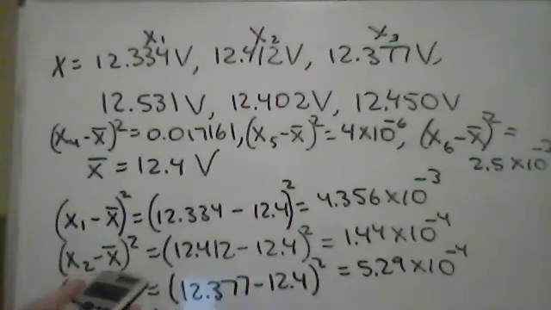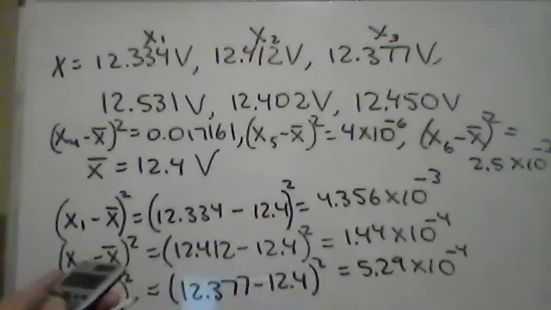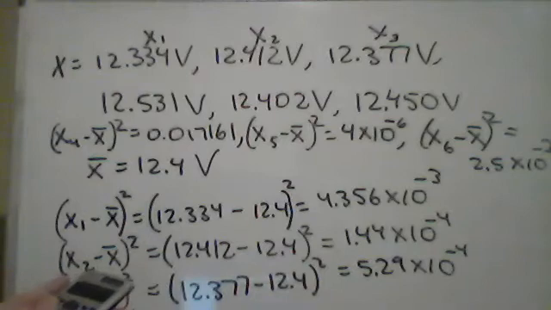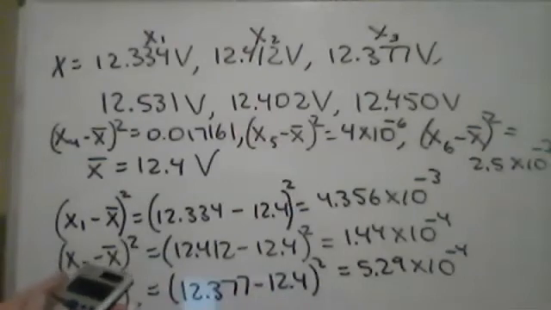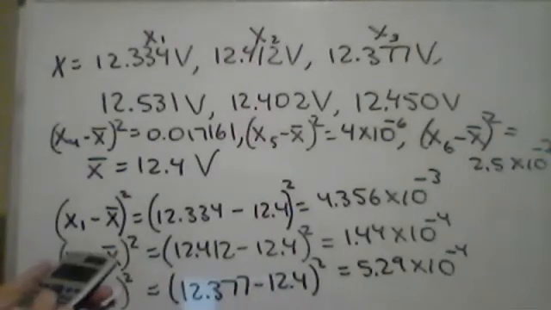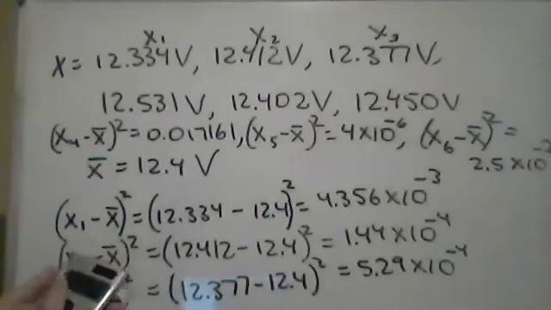I get 4.356 times 10 to the negative 4, plus 1.44 times 10 to the negative 4, plus 5.29 times 10 to the negative 4, plus, let's see, 0.017161, plus 4 times 10 to the negative 6, plus, last one, 2.5 times 10 to the negative 3.